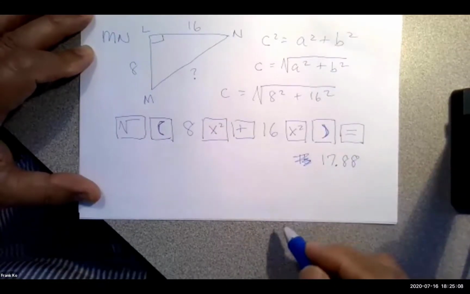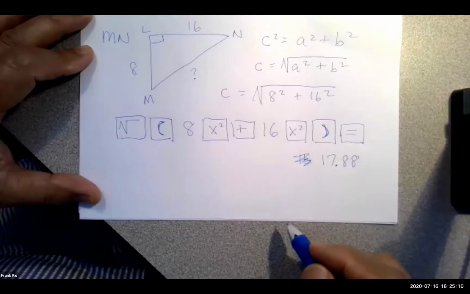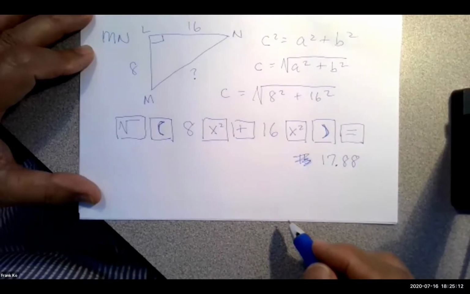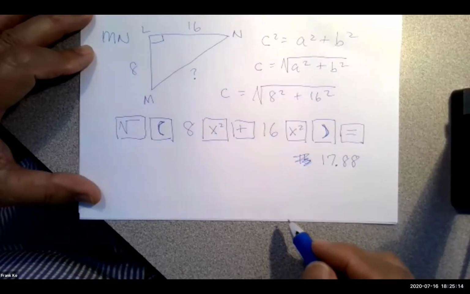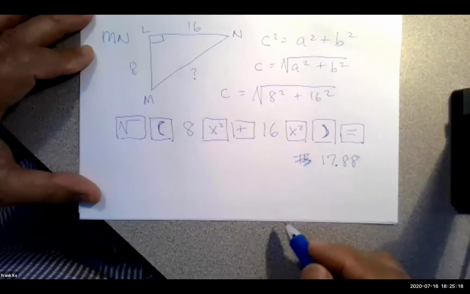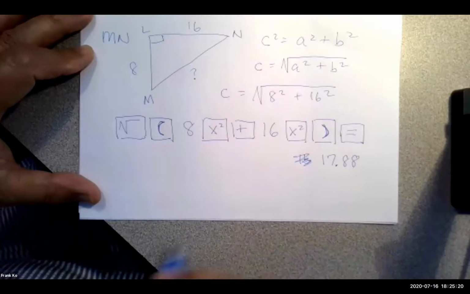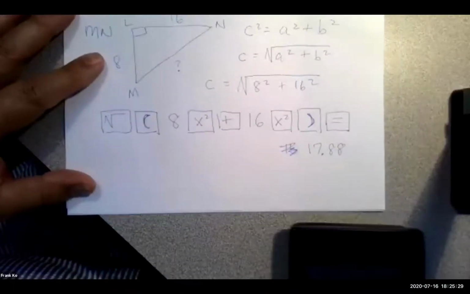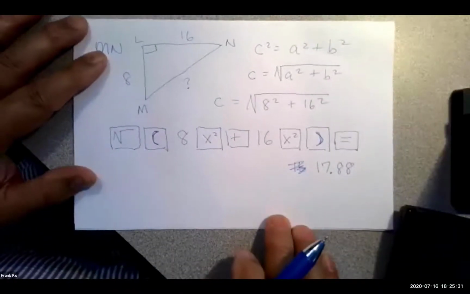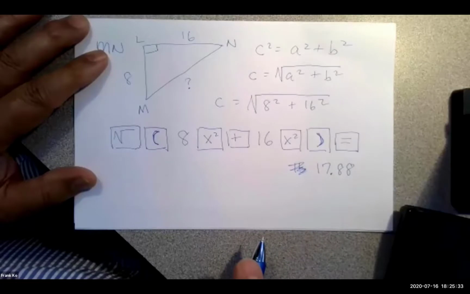How many people agree with 17.88? Give me a thumbs up on your screen. Uh-oh. Anna, what do you calculate? I got 17.89. Oh, 17.89. How many people agree with 17.89? Give me a thumbs up.